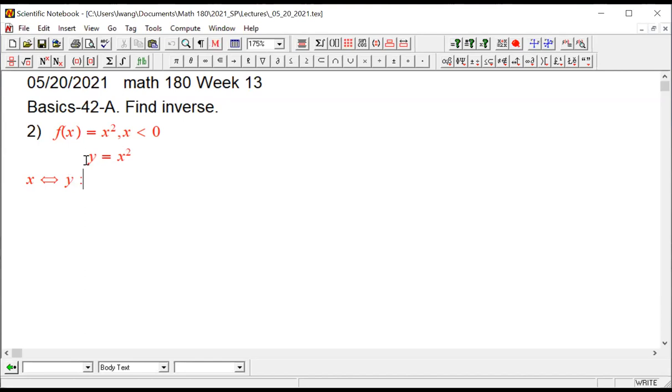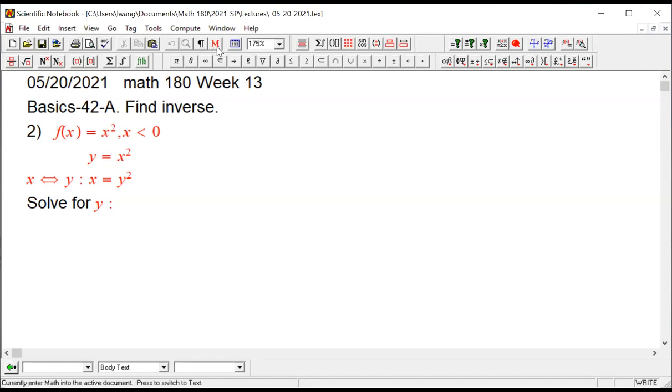Swapping, the consequence is that y turns into x, x turns into y, and then we solve for y. So it's not even 3 steps, just 2 steps: swapping and solving. So solving for y, what do we get? Square root of x.